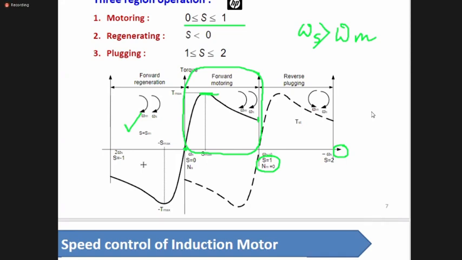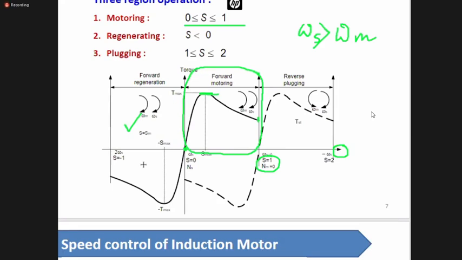An external force could be a wind turbine, some sort of blowing wind running that turbine. So the turbine shaft is rotating at a speed where omega_m comes up with a value which is greater than omega_s. How is this happening?